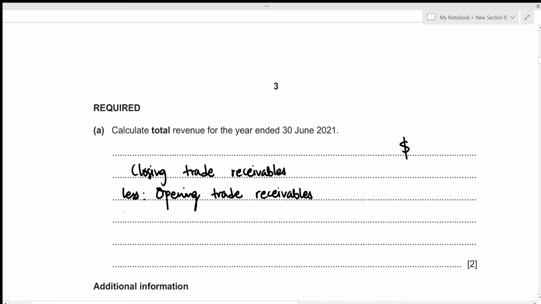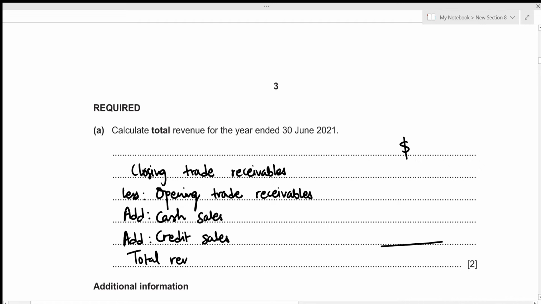That's why we will be subtracting this amount. Then we will add the cash sales. And these are the cash sales made during this current year. And we will also add the credit sales. Alright, now totaling these four amounts will give us the total revenue for this current year.